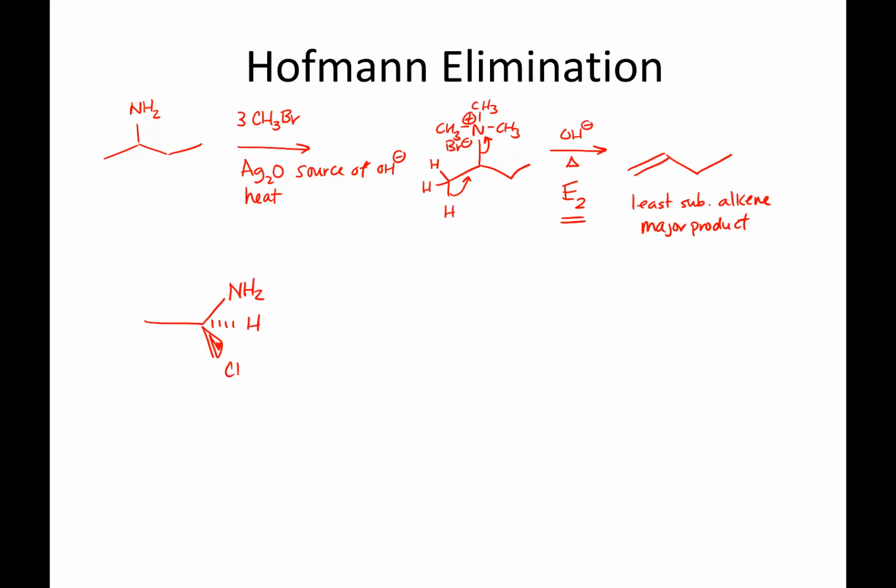Let's put a CH3 group here, and then on the other side let's put a CH3, an H, and just for fun let's put an ethyl group here. And now let's treat this with our 3 equivalents of methyl bromide, our silver oxide, and heat. So we're going to do this under the Hofmann elimination conditions.